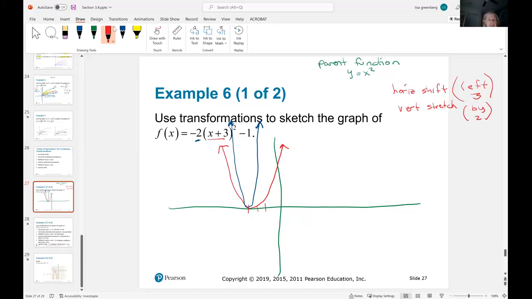Now it's negative 32. So I have to do my vertical reflection. So it flips over the x-axis.